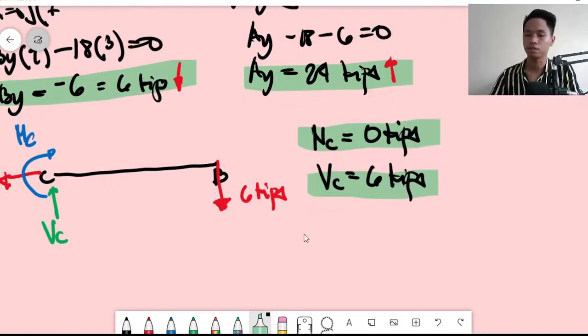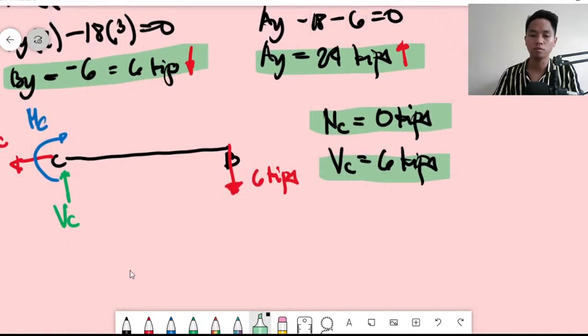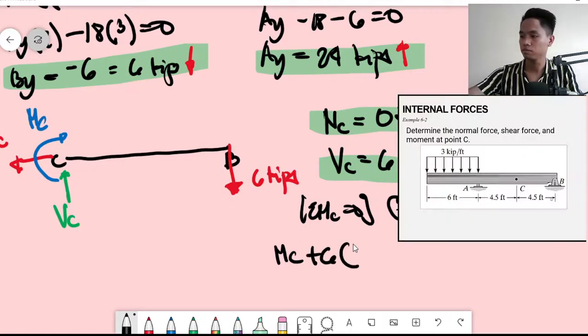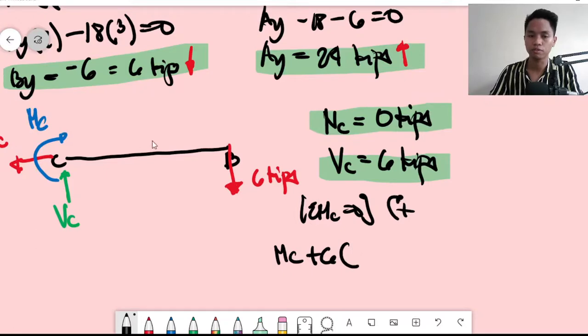Then your moment at C. Summation of moments at C is equal to 0. Clockwise moments are positive. The moment at C is clockwise, then the other is negative. Your clockwise moment is 6, and the moment arm is 4.5 feet, so multiply it by 4.5 feet.